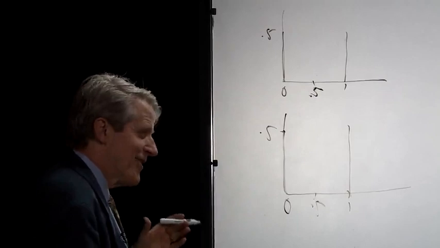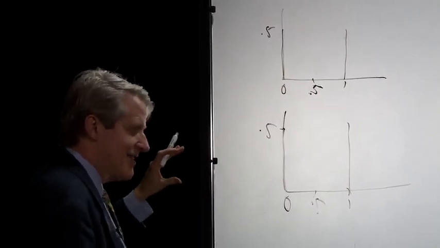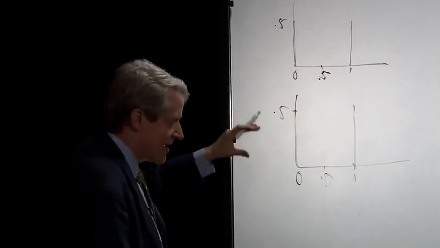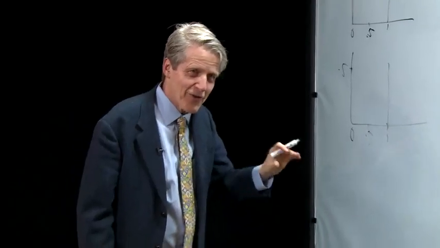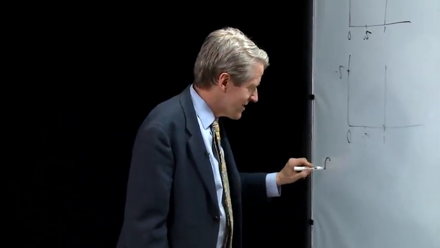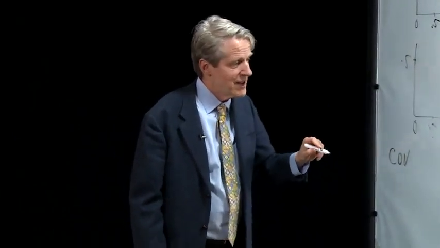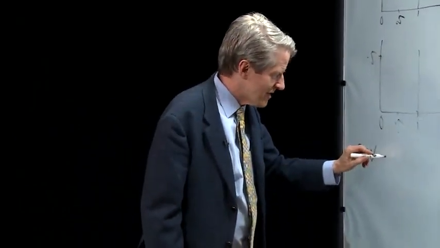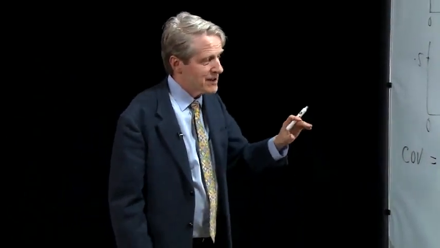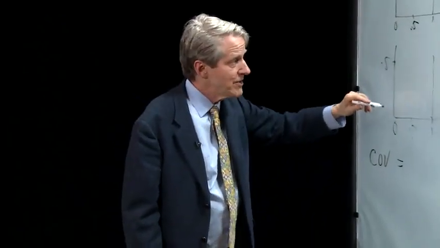Now, the question I want to know is, as an investor, are they going to do the same? Or are they independent of each other? There's 4 possibilities. Okay. The covariance, COV, covariance between the two returns is a probability weighted average of, now it's analogous to variance, but it's between two companies.